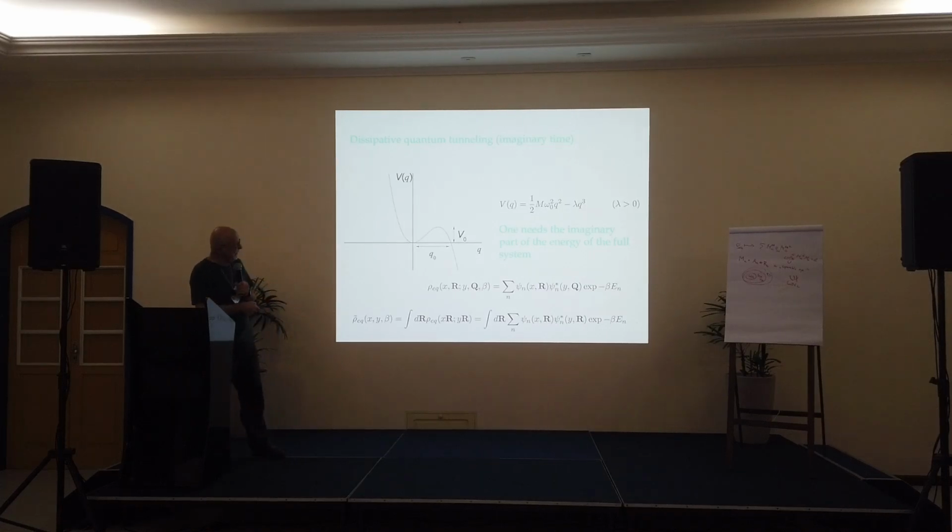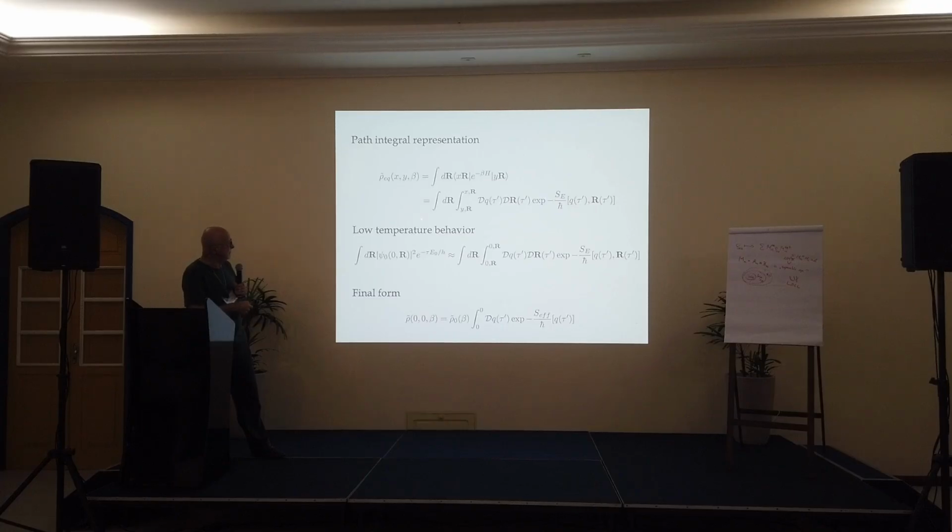And since this state is not stable, we can compute the imaginary part of the energy of the ground state, in this case, for instance, right? For low temperature behavior, we can then solve this path integral and find the imaginary part of the energy of this metastable configuration.